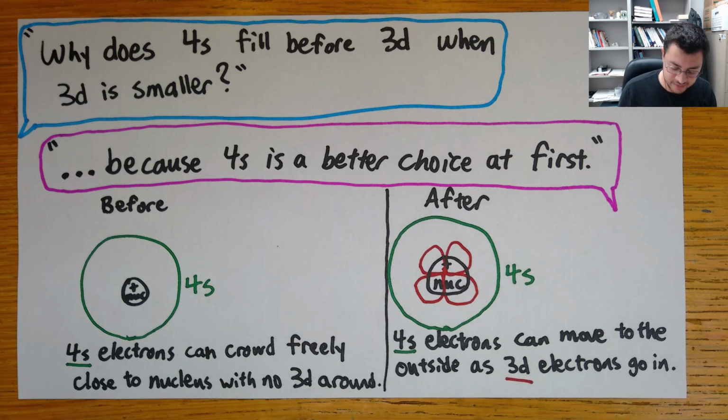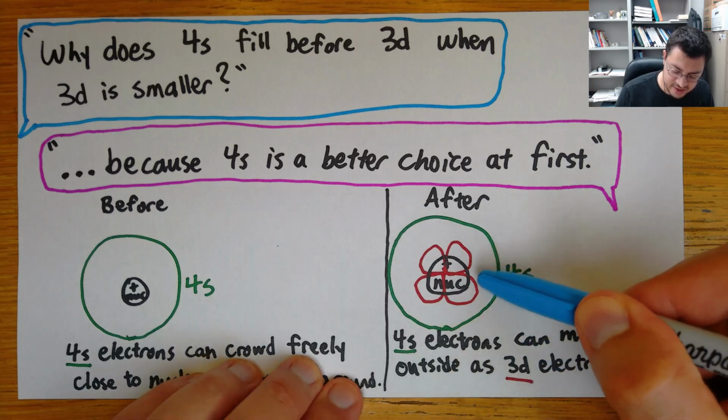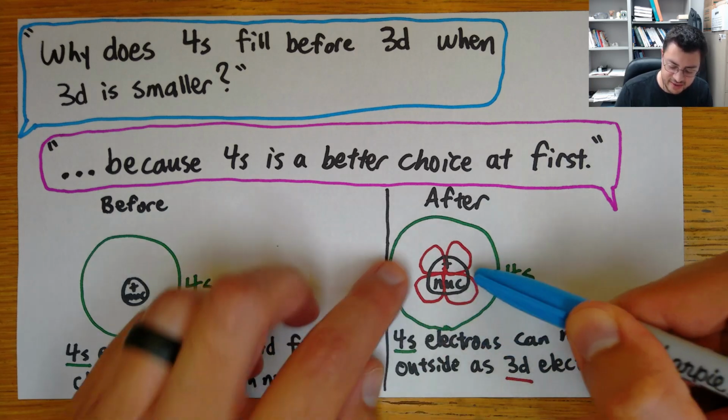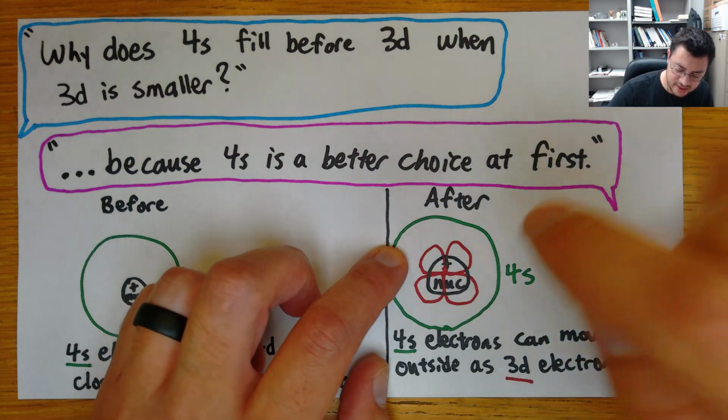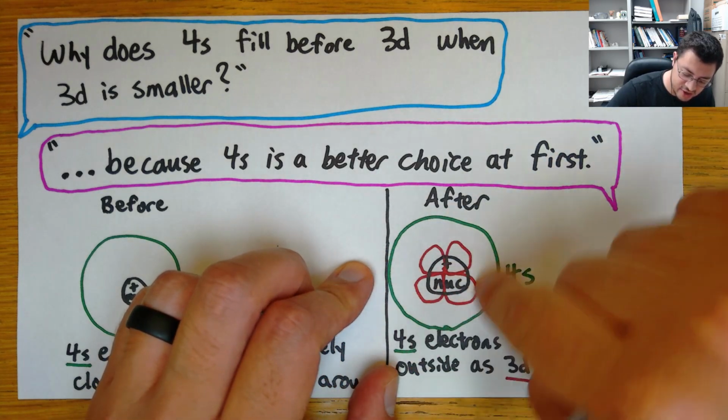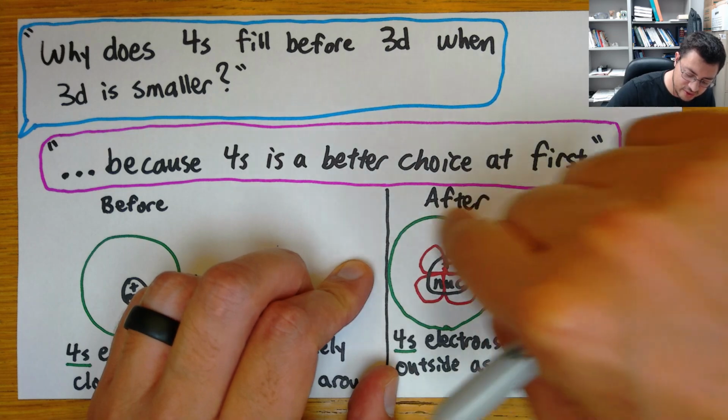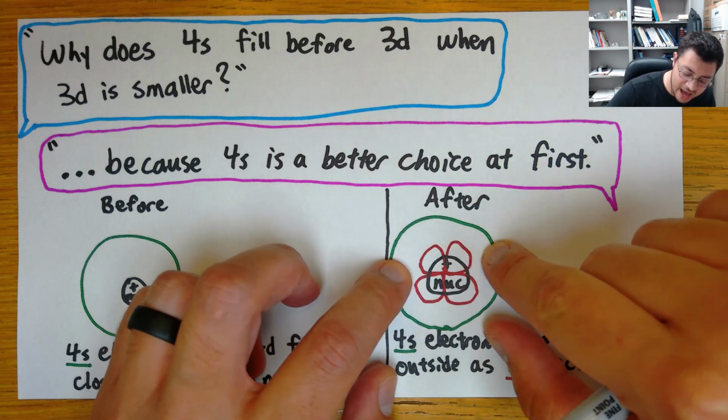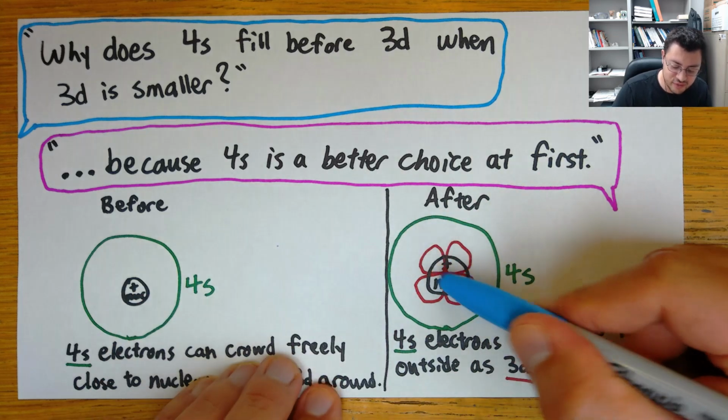All good things. But once we start adding some d electrons, they go into d orbitals. And the 4s electrons, that's not really too much of an issue for them, because they still have electron density, they still have the ability to go outside of the 3d region.